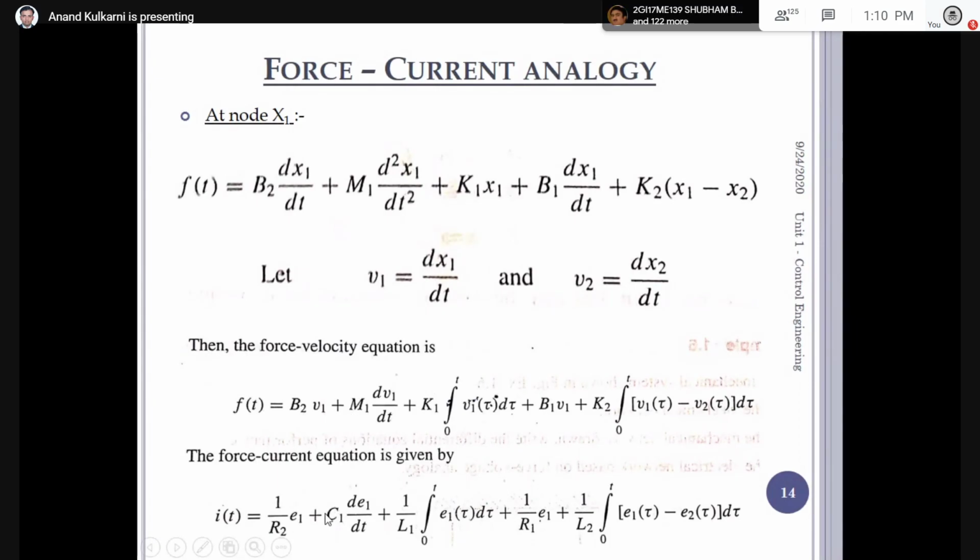Corresponding to M, the equivalent term was capacitance. Again, corresponding to velocity, the equivalent term was charge. Corresponding to the spring, the analogous term was 1 by inductance. Then again velocity is E, d tau is written the same here. Corresponding to B, 1 by R. Corresponding to this, 1 by L2.